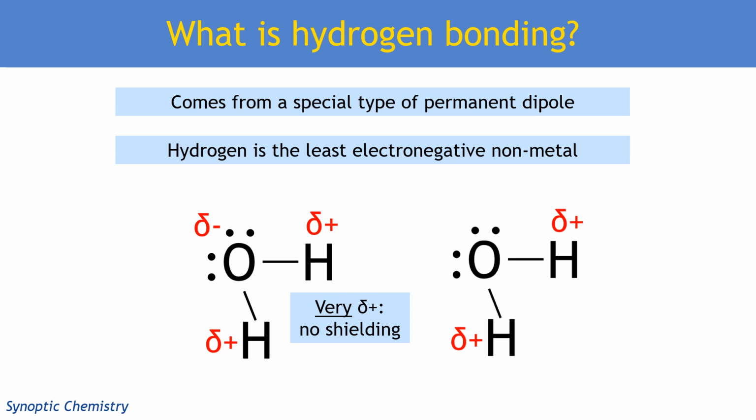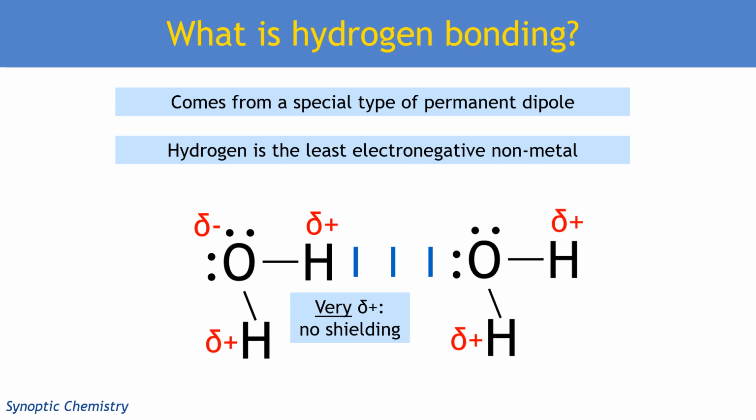And in fact, what's really happening is the lone pair on that other oxygen atom is attracted to the hydrogen. It's almost as if it's going to start to form a dative covalent bond when a lone pair gets donated to another atom. Now it can't do that because the hydrogen is still bonded to the other oxygen and there is no orbital to accept another pair of electrons there. So it's not a dative bond, but it's a very strong intermolecular force.